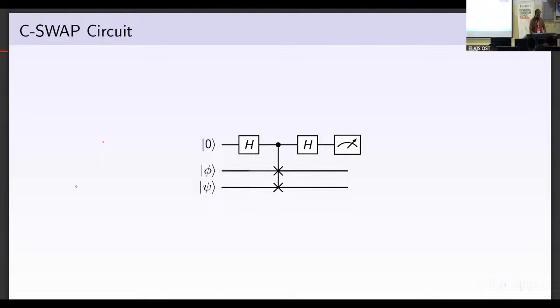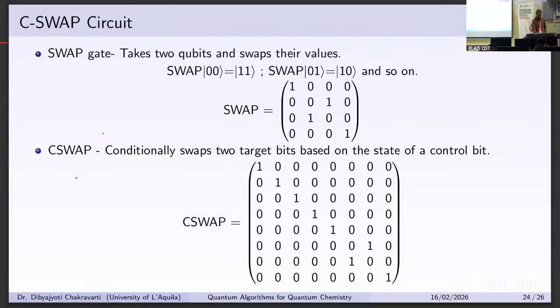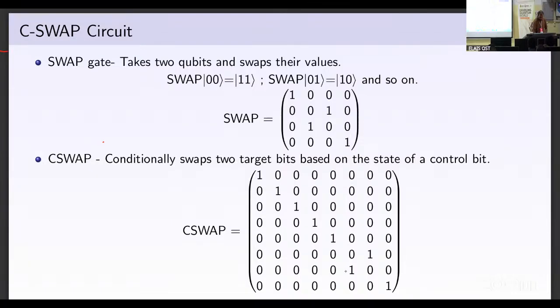So as I was saying, the matrix form of swap is this. So the matrix form of a controlled swap will be just this is the swap, this is identity.